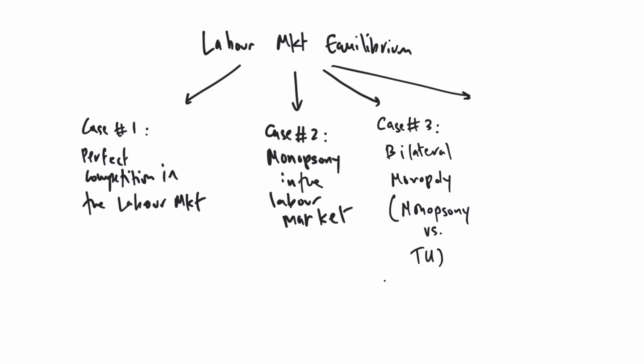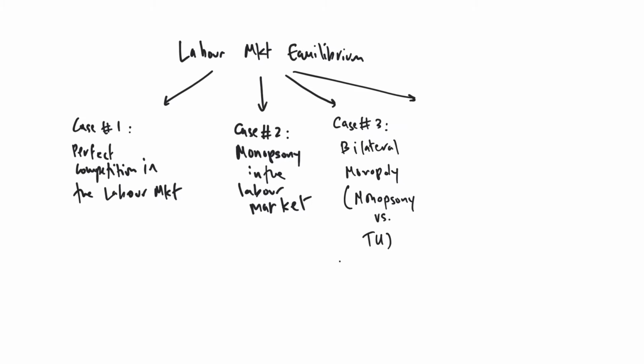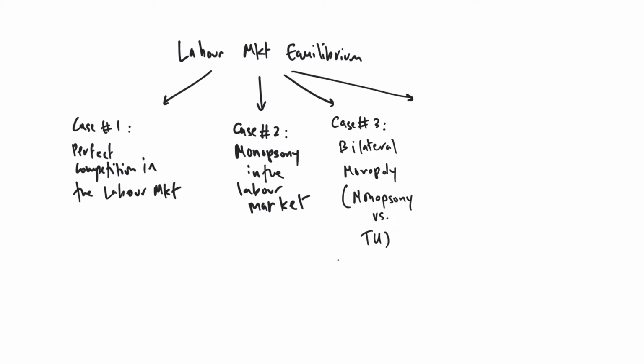The trade union is when all the employees come together, become a single party, and start to negotiate with the employer. Because of this collective bargaining, your equilibrium will depend on the bargaining power of these parties. Whoever is more powerful will have a say in terms of what wages to have.